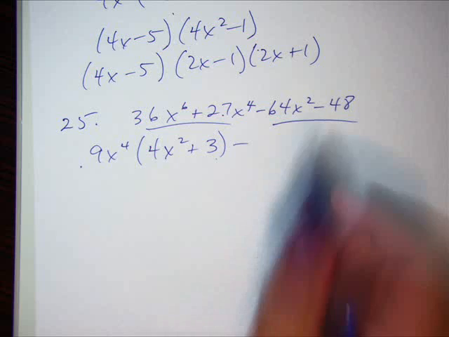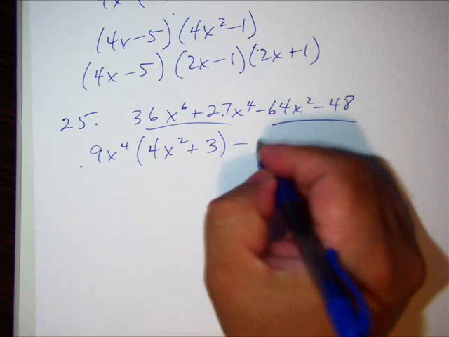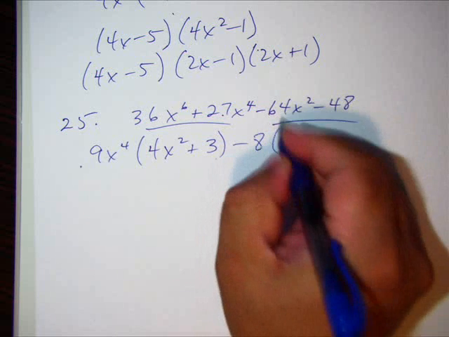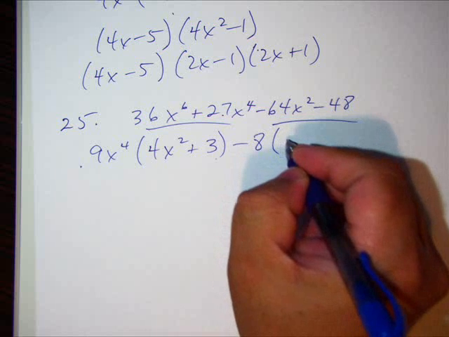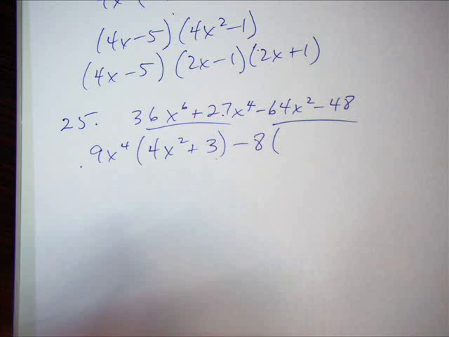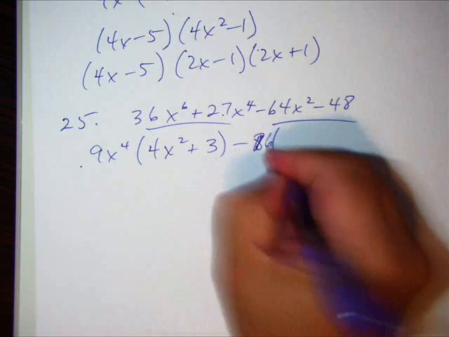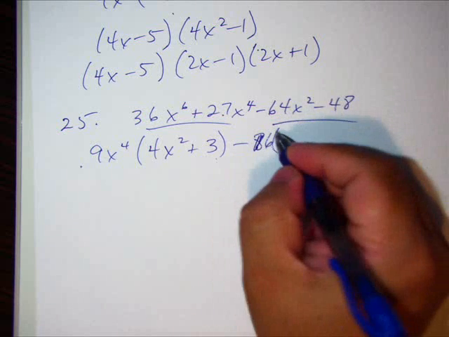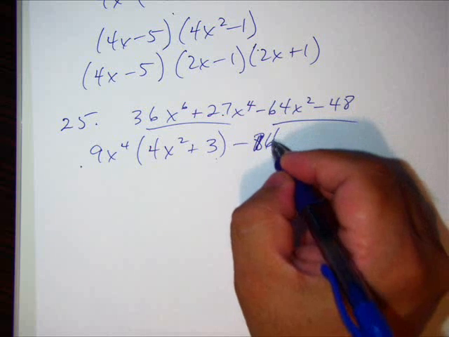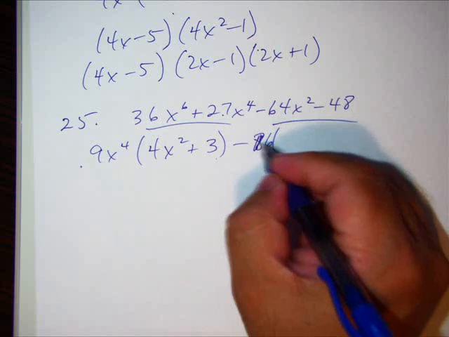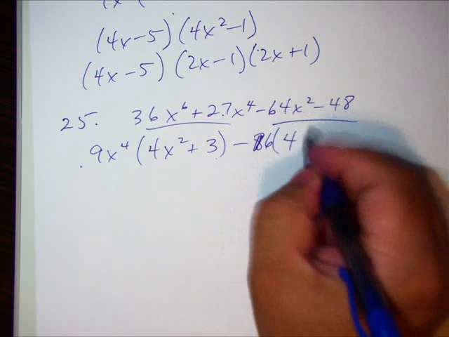8. How about 8? Okay. 8 comes out, leaving me. 8's not big enough. Let's take out a 16. 16 times 4 is 64.